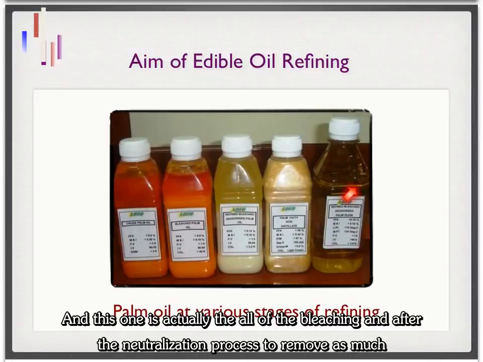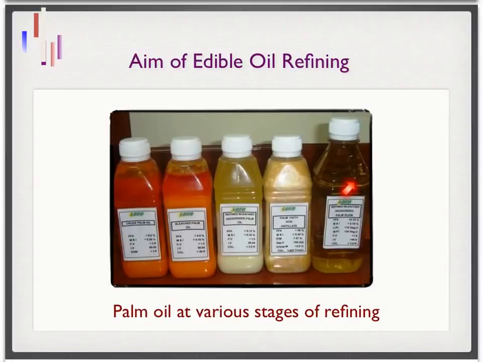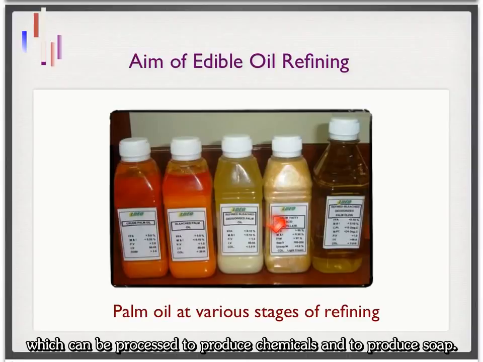And this one is the oil after bleaching and after the deodorization process to remove as much as possible the color and the free fatty acid. So this is basically the refined oil, and this is the byproduct of the refining process, which is the fatty acid distillate, which can be processed further to produce other oleochemicals and to produce soap.